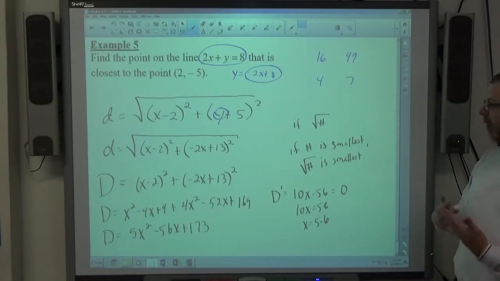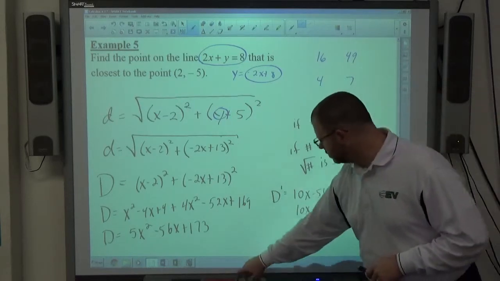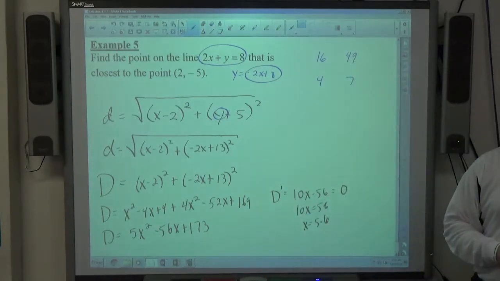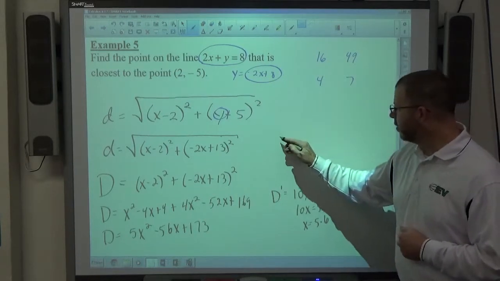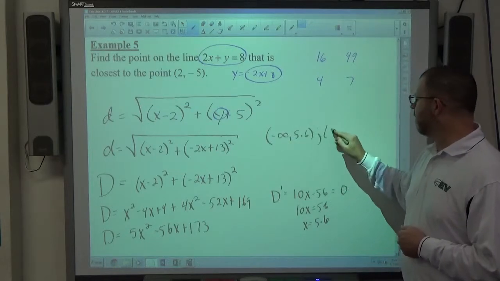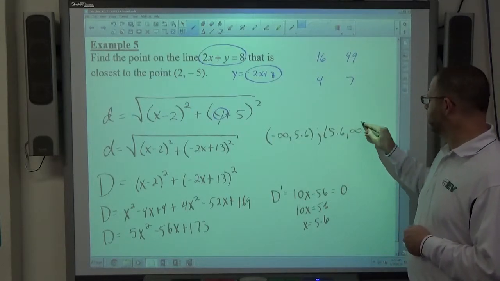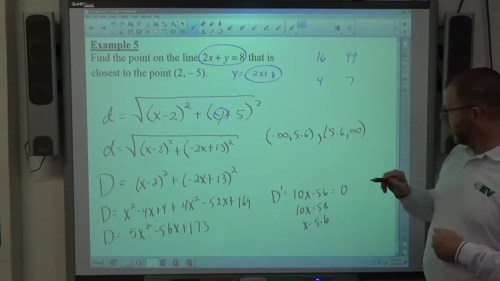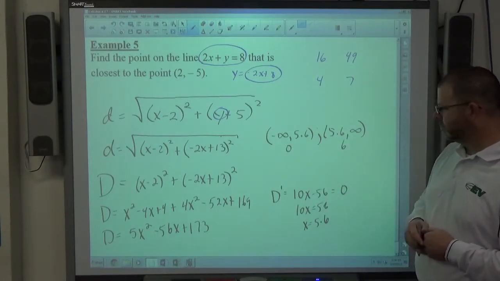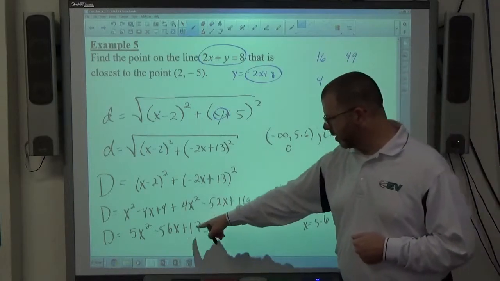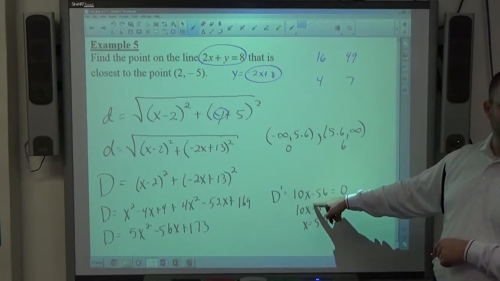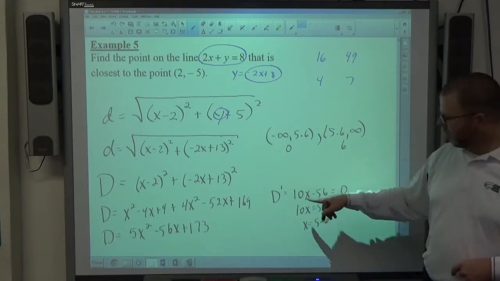All right. Verifying that's our actual minimum, because that's what we're trying to find, right? I test my intervals from negative infinity to 5.6, and then from 5.6 up to infinity, and I pick 0 and 6, testing in the derivative.